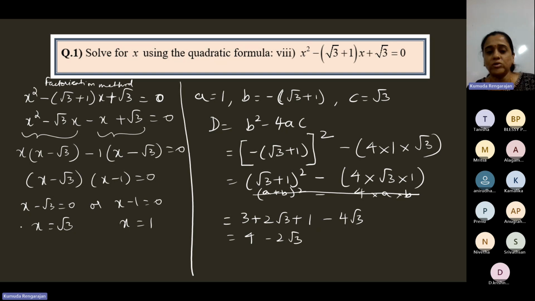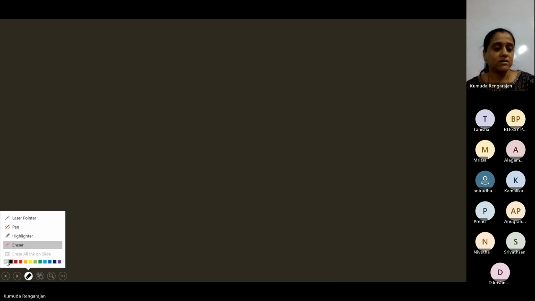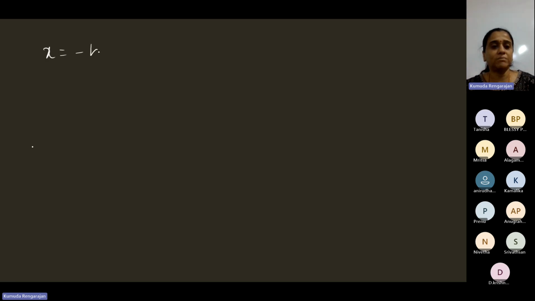Because under the square root, what is it? It is root D, right? Root D is root of 4 minus 2 root 3. So you'll be stuck there. If you did not use the identity and you work it like this, you'll be caught there. Now, X is equal to minus B plus or minus root D by 2A. So X is equal to, what is minus B?